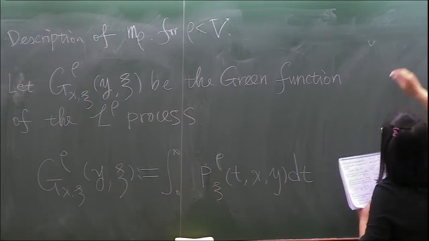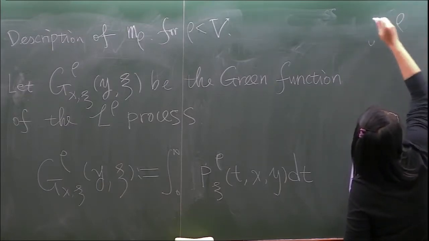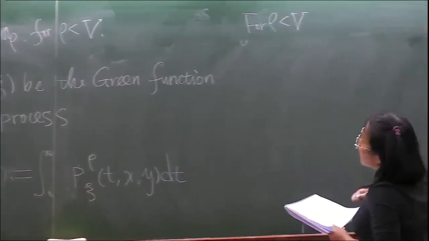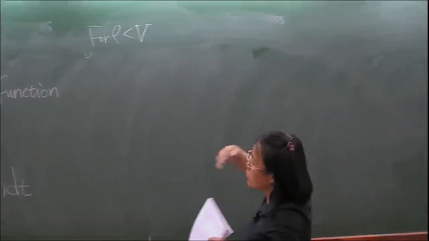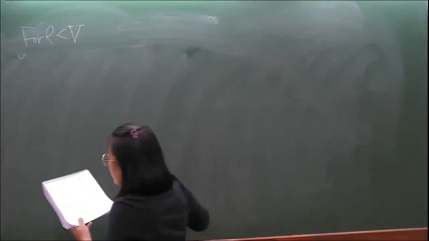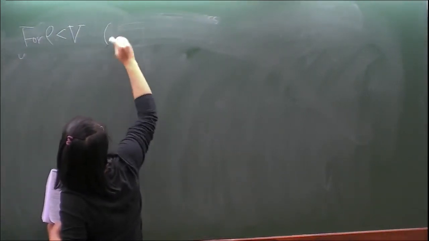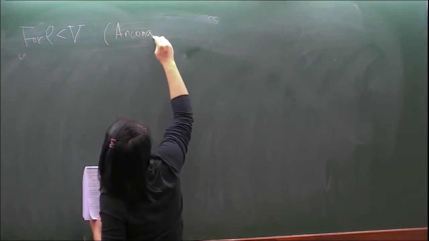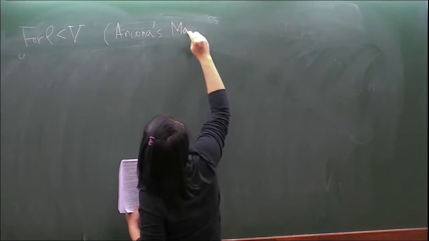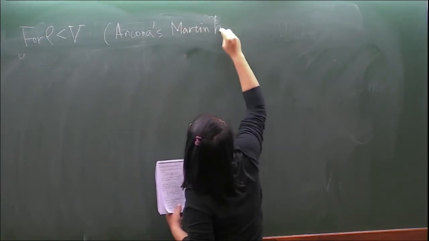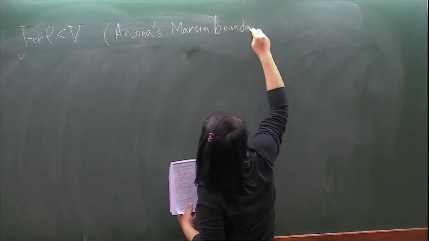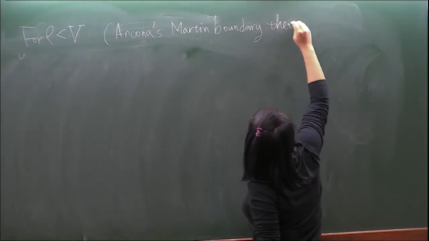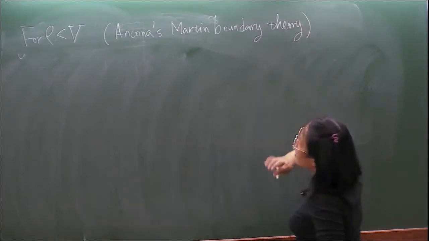Okay, so this is this one, and in this case, when this rho is less than or equal to v, as I said, this operator is weakly coercive, so we can use this Ancona's Martin boundary theory applied in this case.